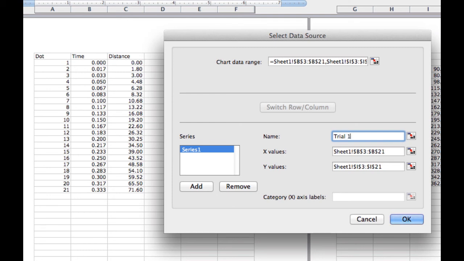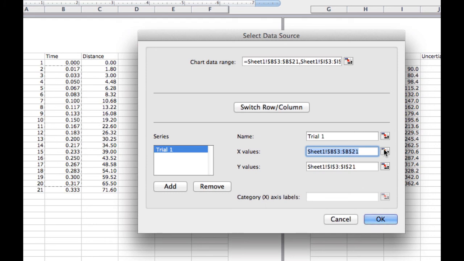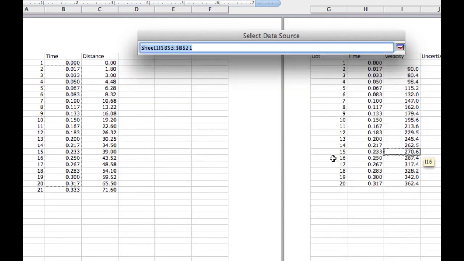Now, for my X values, I don't want to include that first dot. So I just clicked on this one here. This button will change this dialog so that I can now select the data I want. I don't want that first dot, 0.017 seconds. I want everything after that. I want everything from here to here.